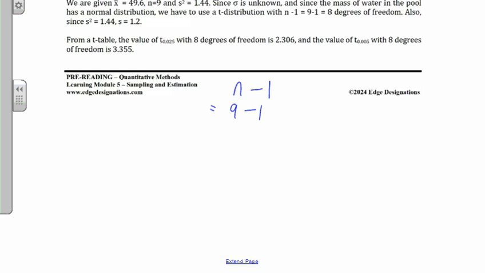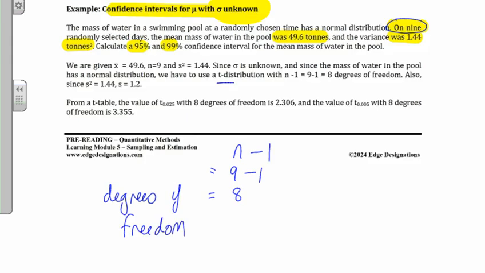When I look at the T table, I'm looking for degrees of freedom. That's how we read it off. I'll show you that in a second. Degrees of freedom of 8, not 9. Just remember that, guys. For the T table, we always go n minus 1.